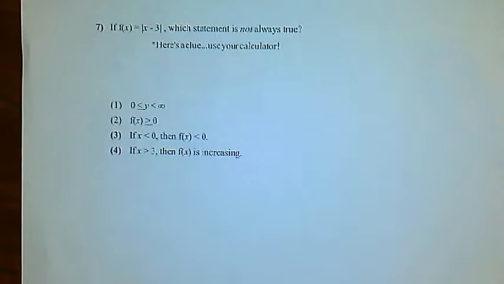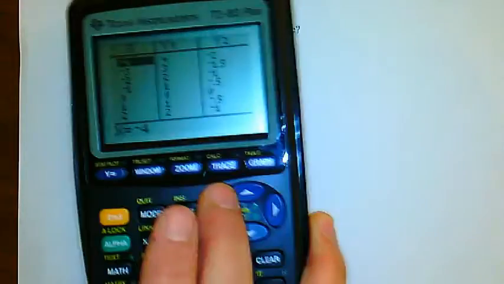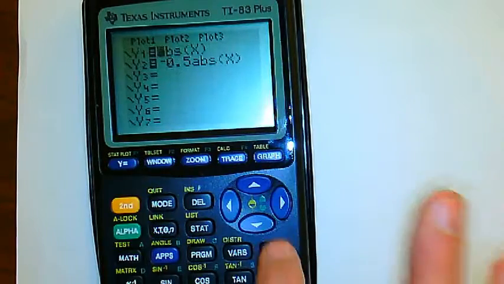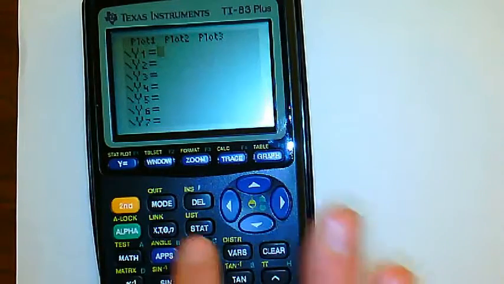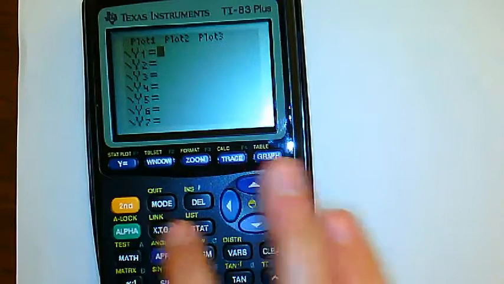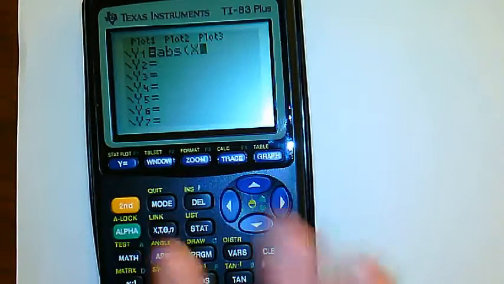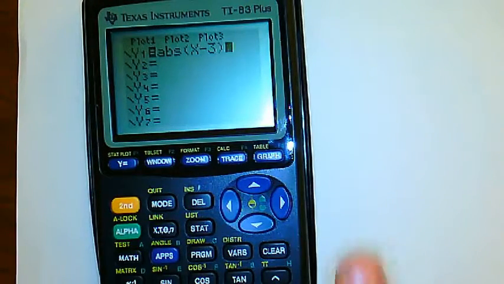So now we're going to do a little bit with the range. So what I'm going to need you to do, again, is throw this in your calculator. We have the absolute value of, okay, math, number, absolute value of x minus 3.